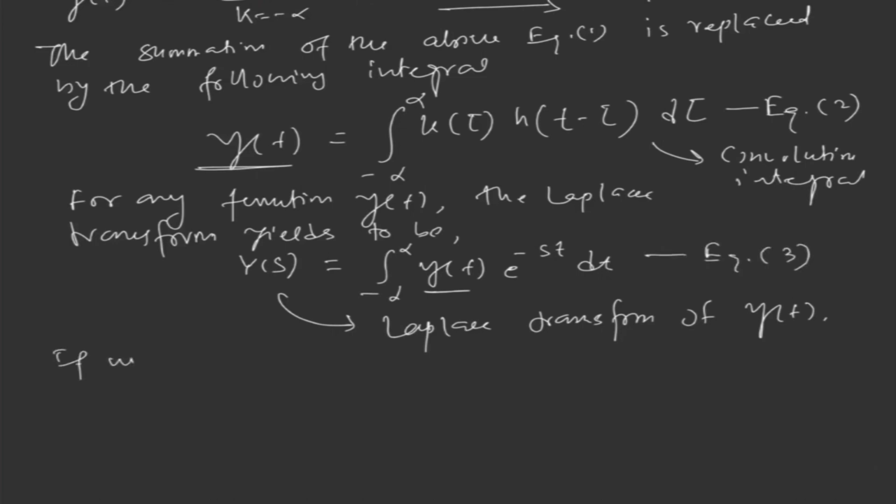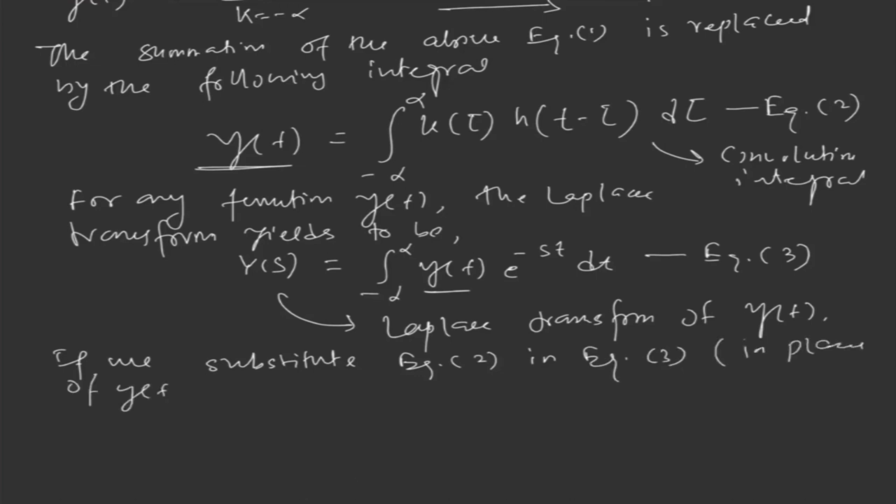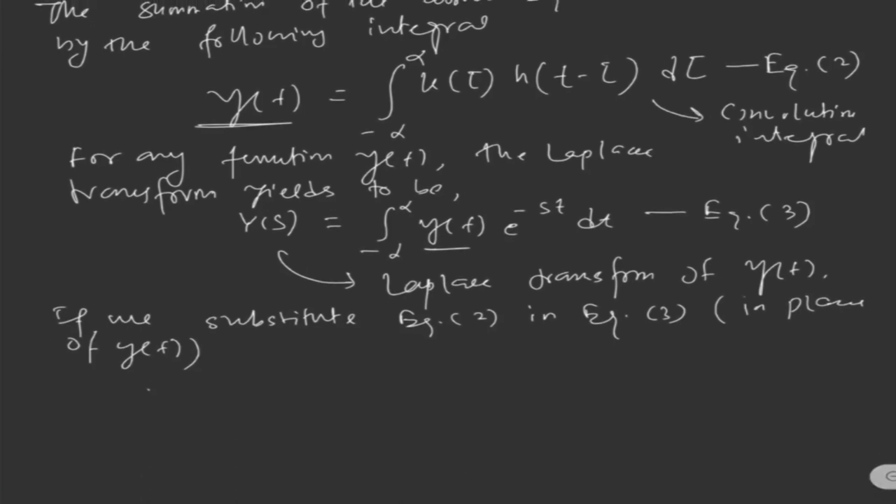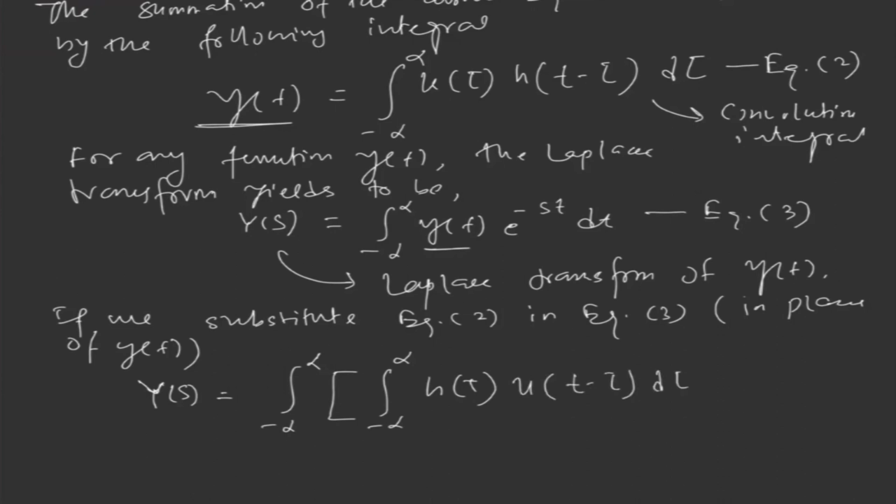If you substitute equation 2 in equation 3, in place of y of t we can write Y of s equal to integral from minus infinity to infinity, again integral from minus infinity to infinity u of tau h of t minus tau d tau e to the minus st dt.